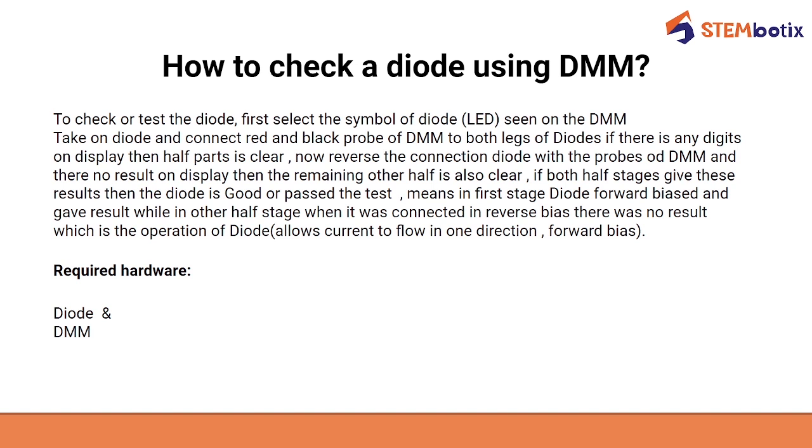Now reverse the connection: the terminal of the diode which was connected to the red probe will now be connected to the black probe.